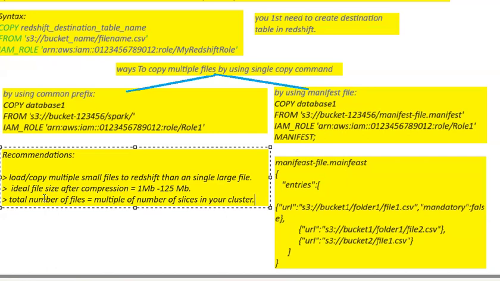If your number of files is equal to a multiple of the number of slices present in your cluster, then it provides optimized performance of your data load.